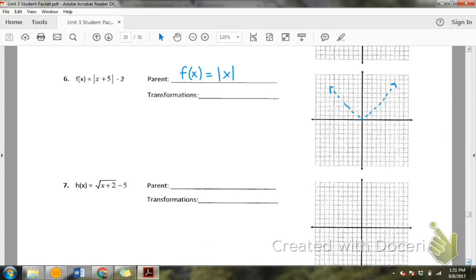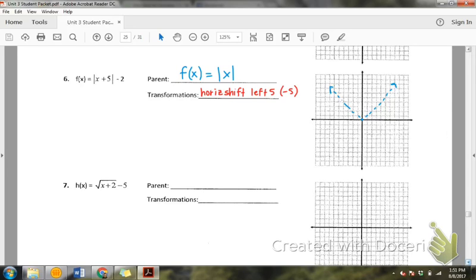So we're going to write horizontal shift. Which way am I actually moving? If it's actually a negative 5, I'm moving to the left. Good, Lexi. Left 5, or you can write negative 5, whichever you would prefer. It's a horizontal shift left negative or left 5.